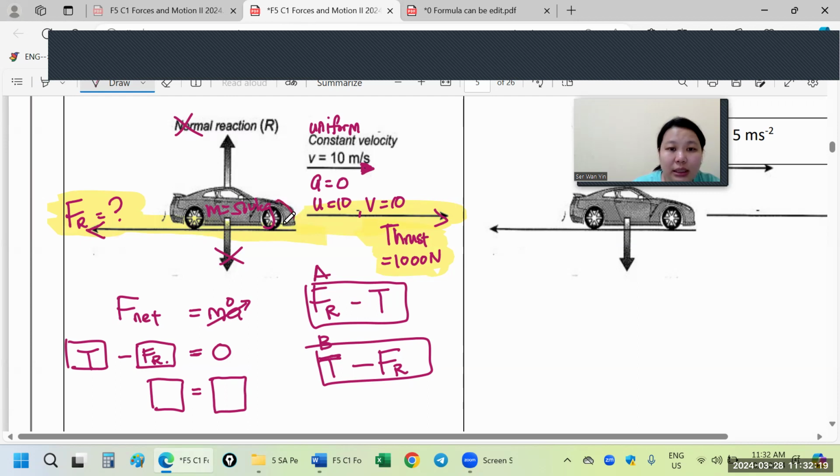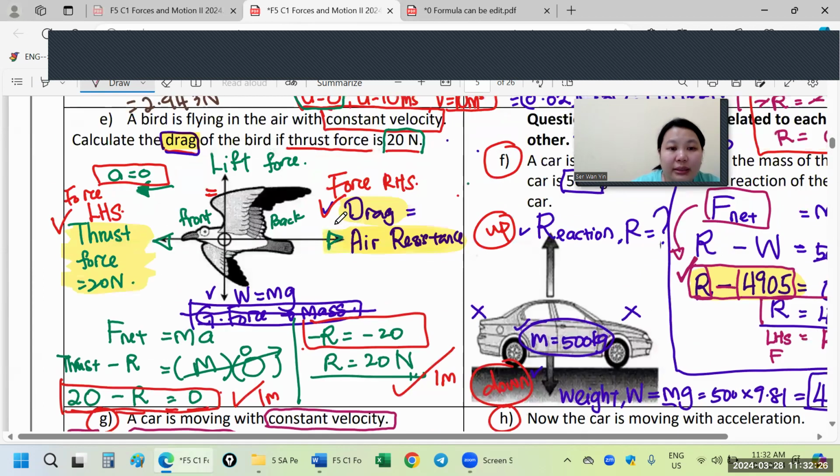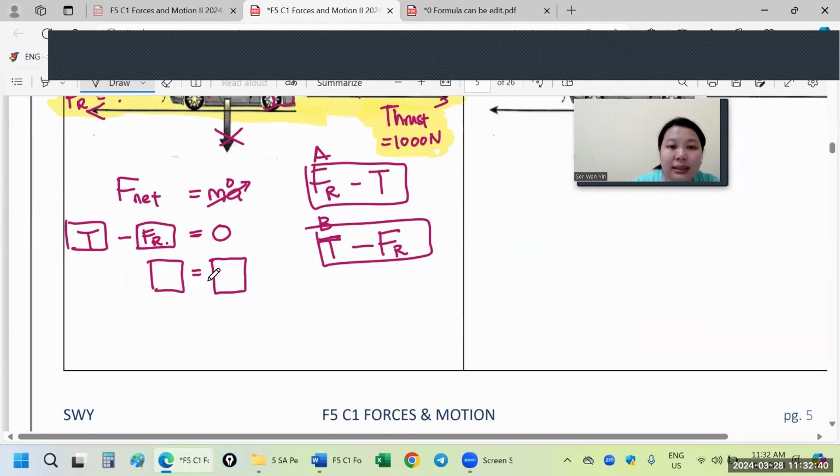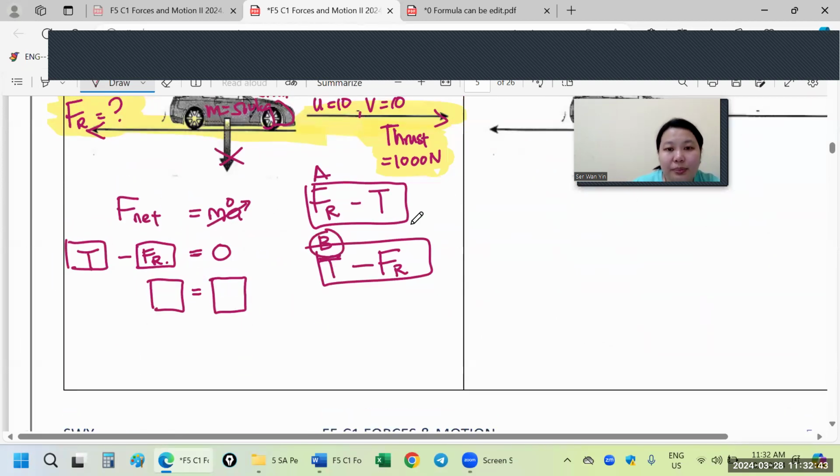Don't look at left or right, look at the front and back. For example, the front for this bird is the left hand side, so it's front minus back. In this case, this is front, this is back, so we use front minus back. So the answer is B.